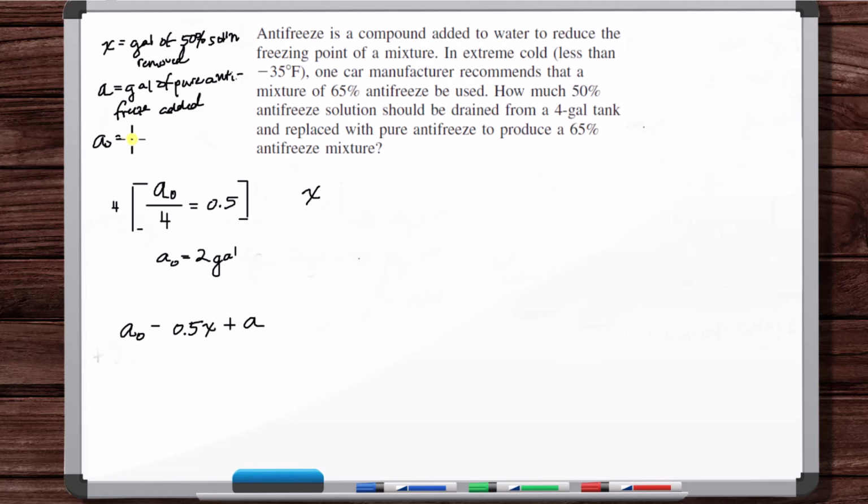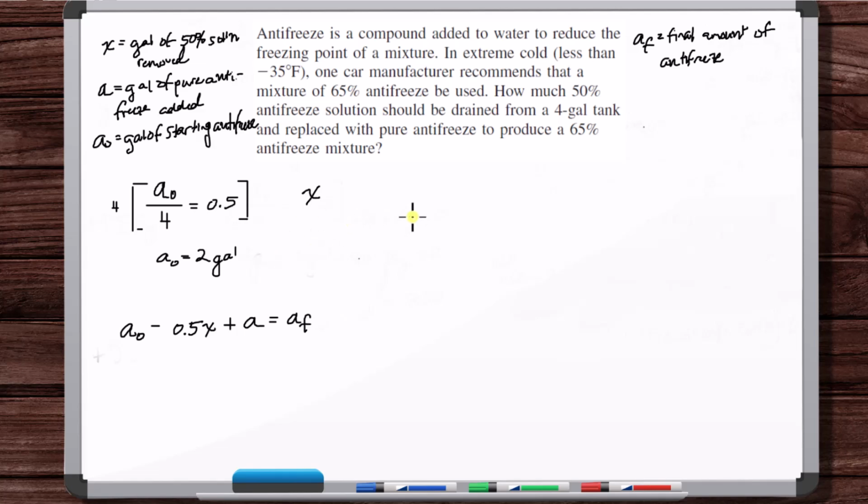A naught is gallons of starting antifreeze. Okay? And then A final is in the 65% solution. So A final is final amount of antifreeze. We're talking gallons of antifreeze, not solution.